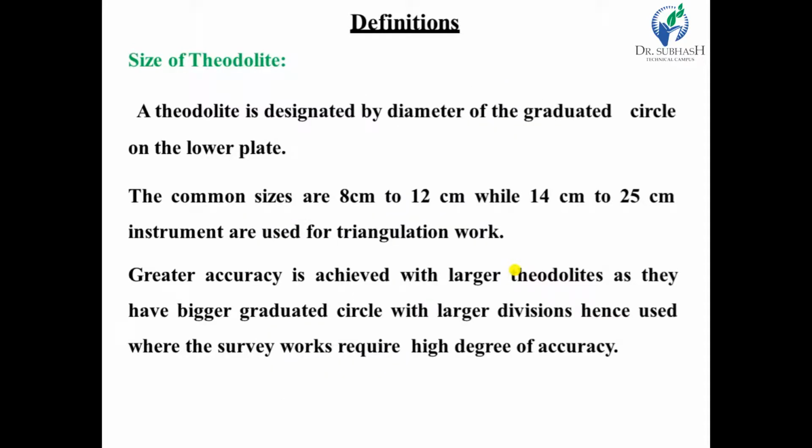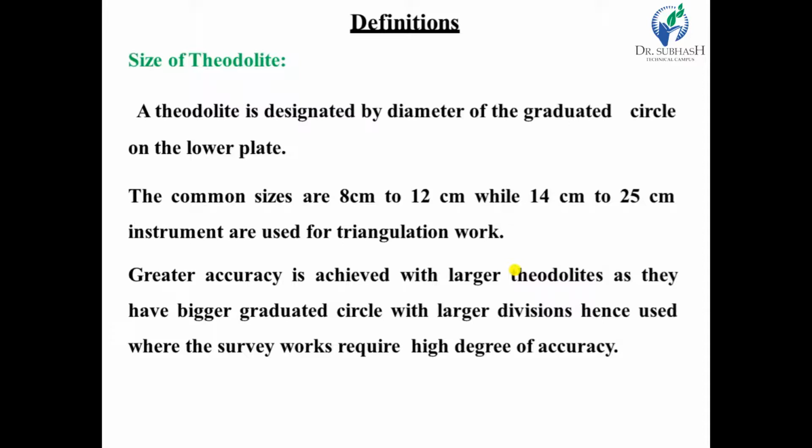Now, size of theodolite. In many examinations, the size is a very important parameter that is asked: how can we identify the size of the theodolite? A theodolite is designated by the diameter of the graduated circle on the lower plate.